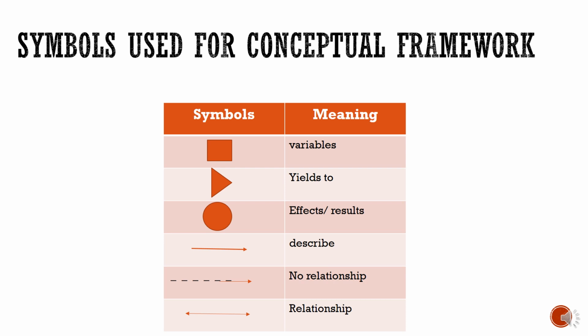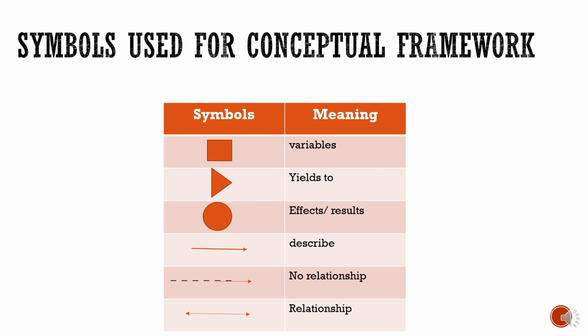For your conceptual framework, there are different symbols that you can use, such as the following. The square or a rectangle, you write down the variables inside. The triangle could be used depending on the shape where the triangle points to. That means it yields to or it results to.